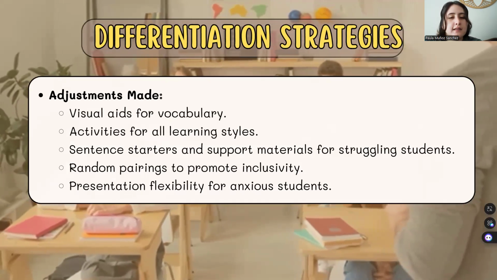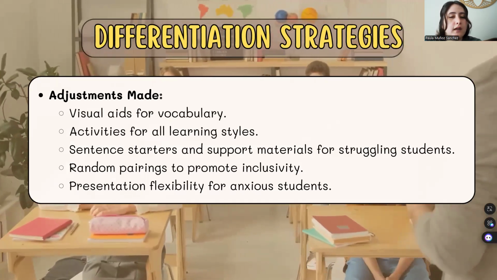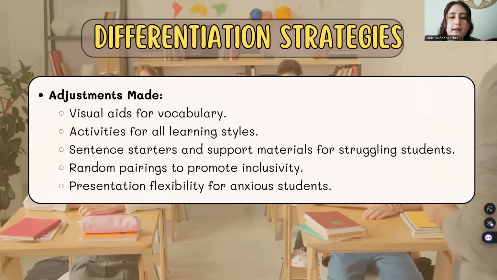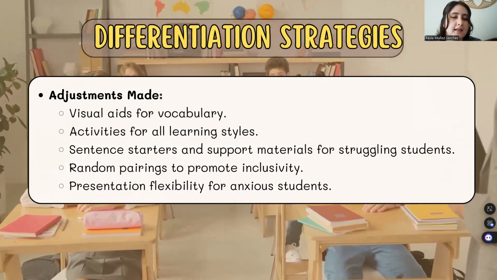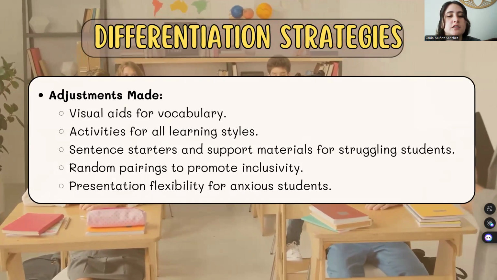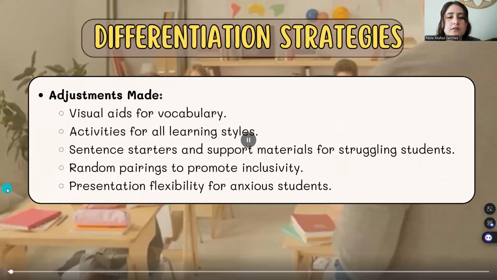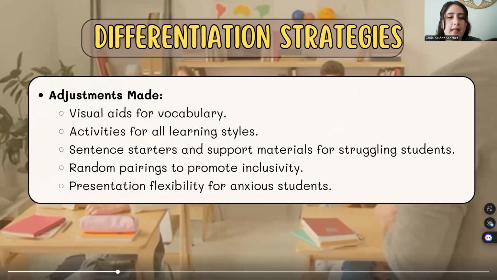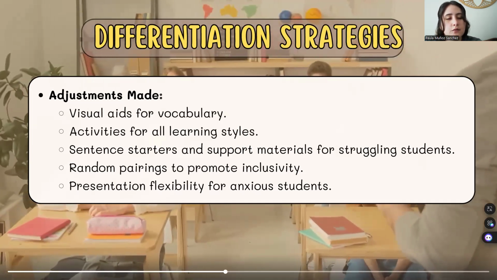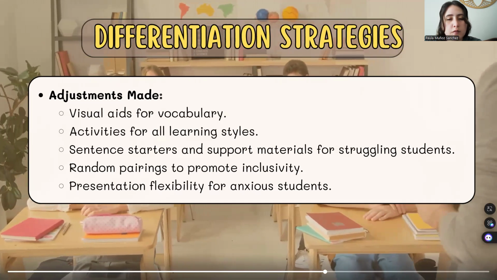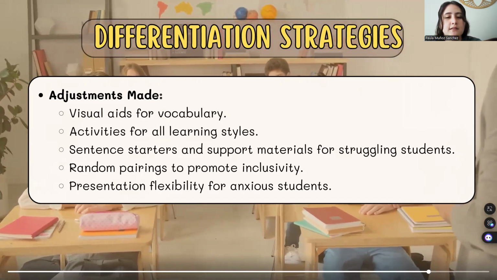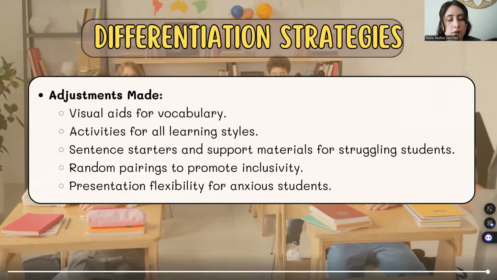And I also provide sentence starters and additional visual aids for activities that require creating ideas and sentences, ensuring that all students, especially those who struggle with writing or creating ideas, feel supported. Then in some activities, students were paired randomly to allow them to interact with classmates outside of their usual friend groups.